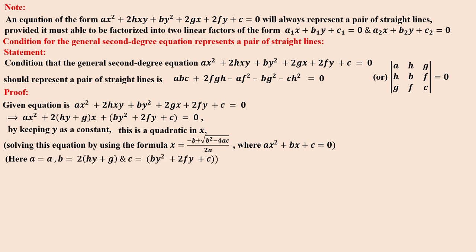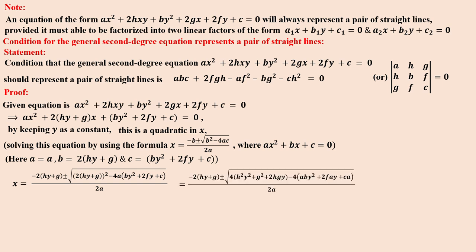Here a is a, b is the coefficient of x, that is 2(hy + g), and the constant term is by² + 2fy + c. So x = (-2(hy + g) ± √((2(hy + g))² - 4a(by² + 2fy + c))) / 2a.